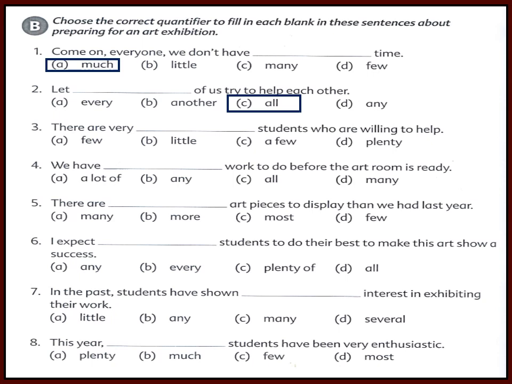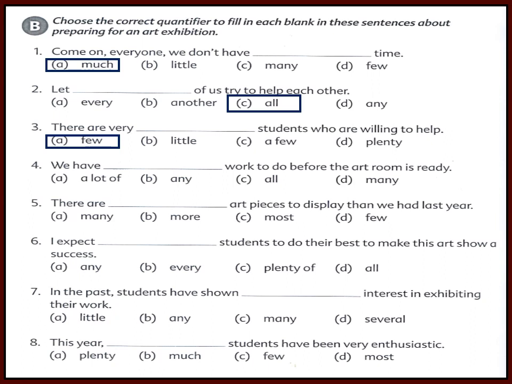Number 3: there are very dash students who are willing to help. Now, there are very few, very little, very few, very plenty. Plenty is absolutely wrong, right? Now you will decide which one. There are very few, right, because students is a count noun.